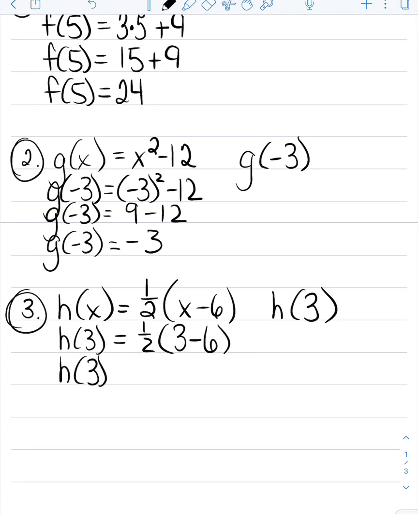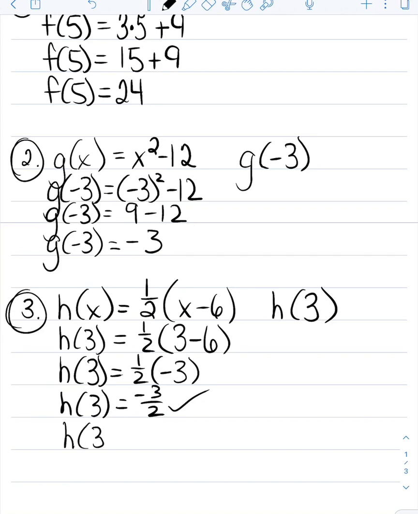Well, let's do our parentheses first. 3 minus 6 is negative 3. And then what is half of negative 3? You have two options here. You can simply write it as negative 3 over 2. That is correct. Or remember fractions and decimals are the same thing, they just look different. So h of 3 equals negative 1.5. Either one of those would be correct.